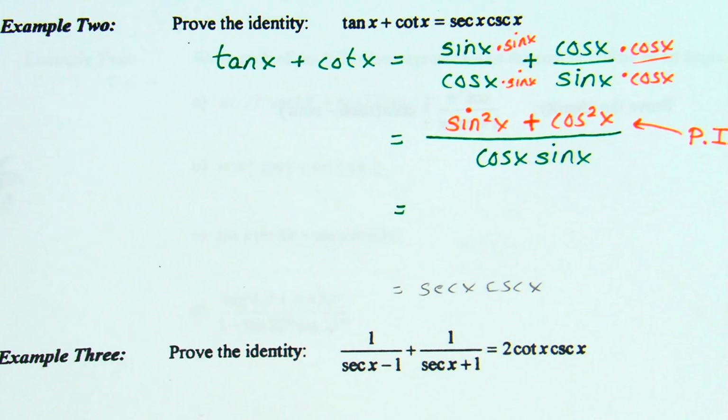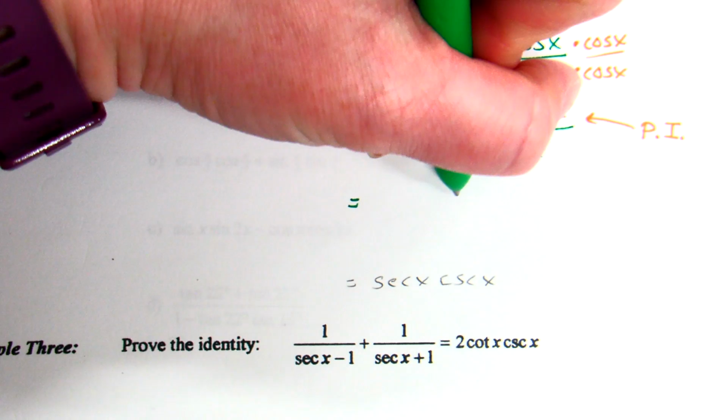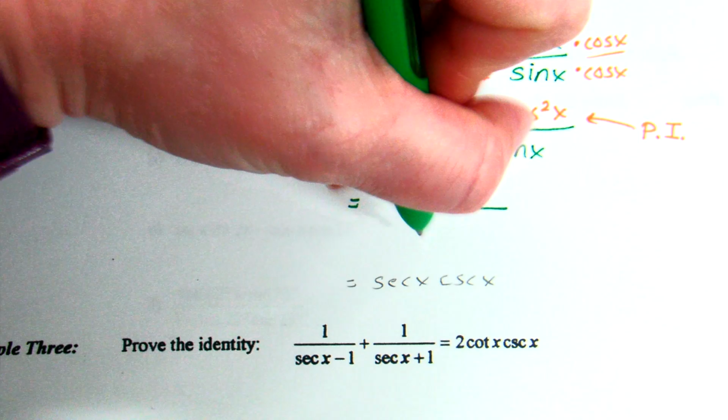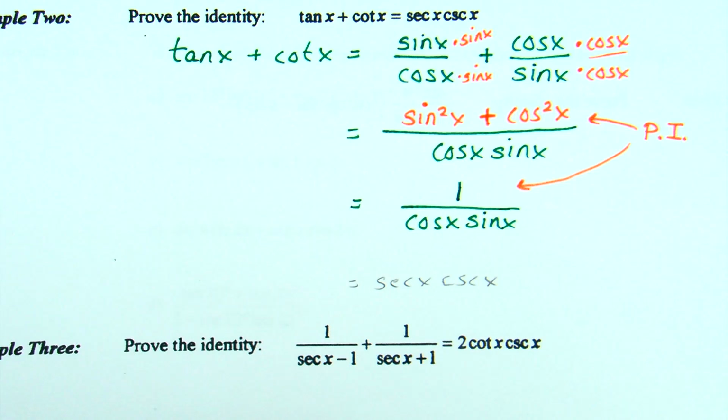Remember when I write PI that you can't see, that stands for Pythagorean identity. So we can take that numerator of sine squared x plus cosine squared x and replace it with 1 over cosine x sine x. Should reverse that arrow on top, but.